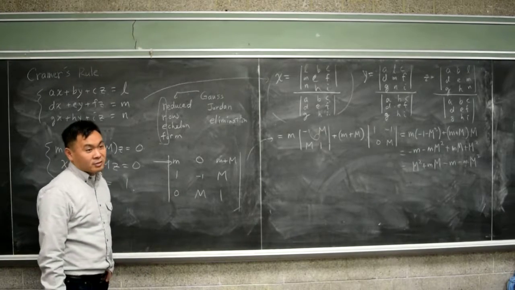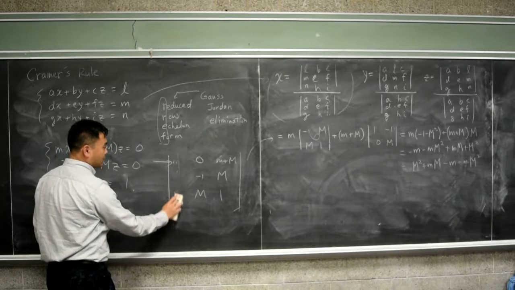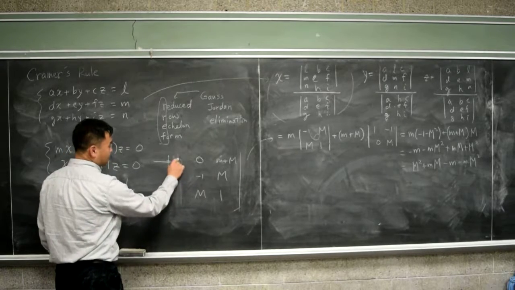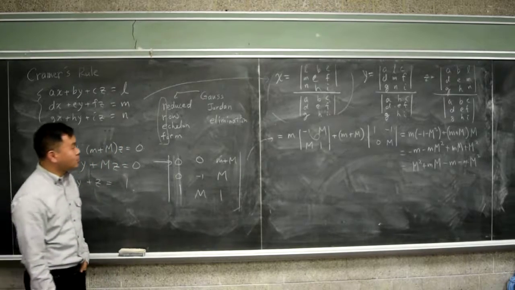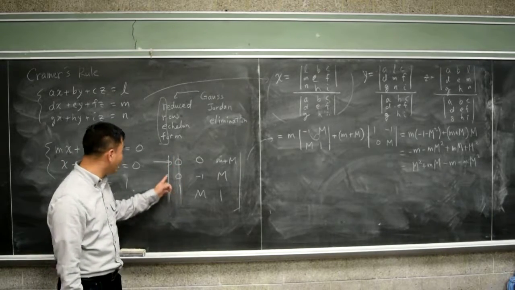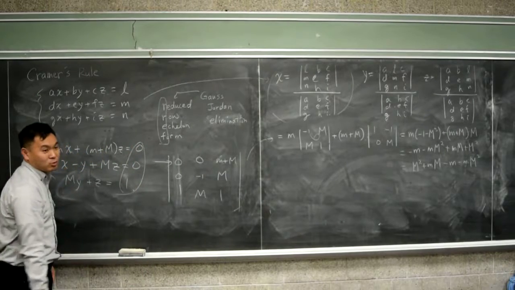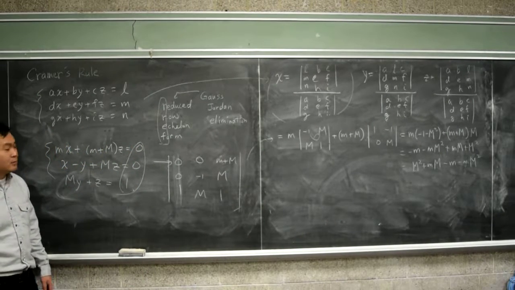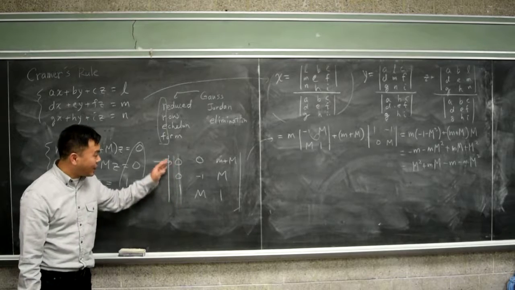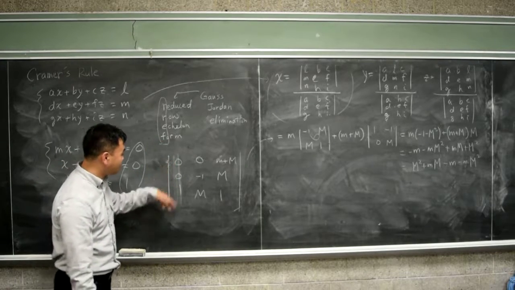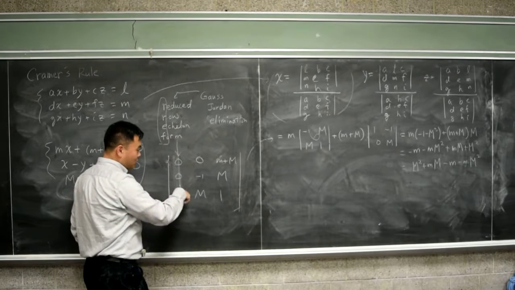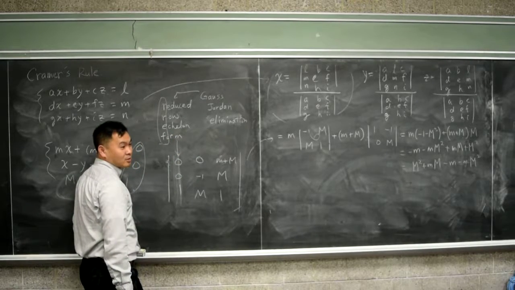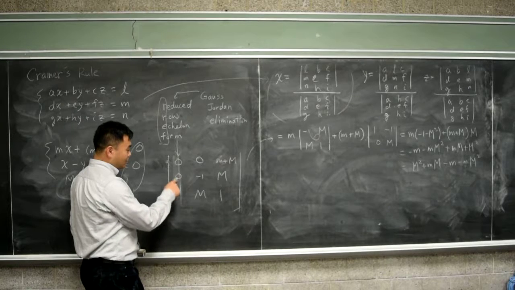Now, how do you get x? To get x, you replace the first column by matrix B, which is 0, 0, 1. Now we have to calculate the determinant of this, and the easiest way is to go this way, because this has 2 zeros.